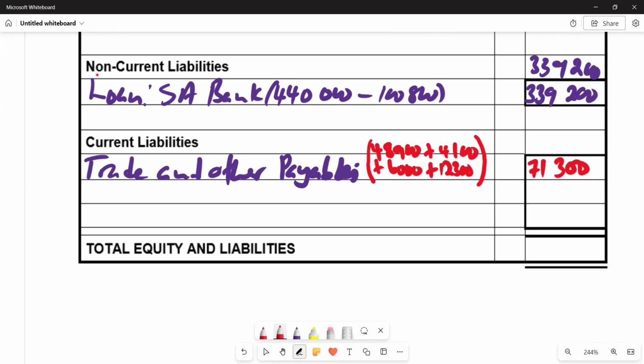And then remember the current portion of loan, we have got that loan amount that we subtracted from the loan, which is this one. It's supposed to come here as current portion of loan.